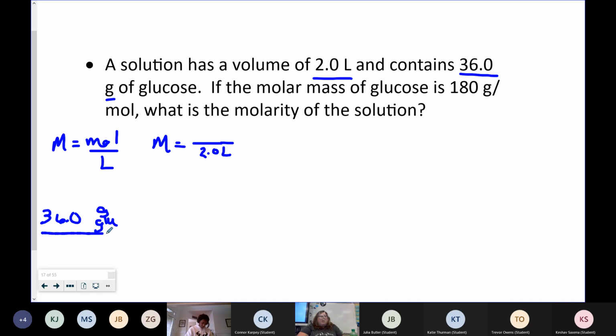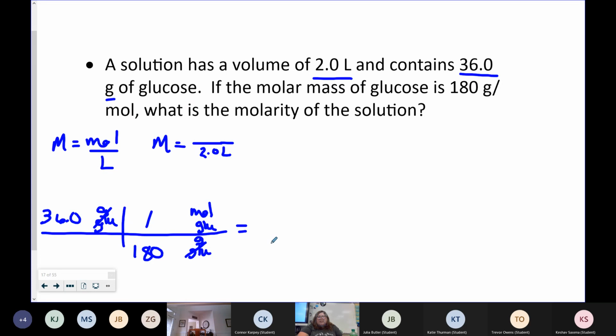We need to get rid of grams, so that needs to go to the bottom of our next step to change into moles. Remember, this is grams per mole, so it's always out of 1 mole. So it's that 180 grams in 1 mole. That's going to allow grams to cancel, leaving us with moles.